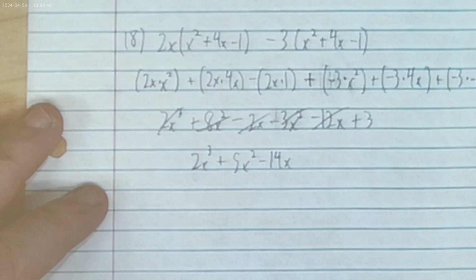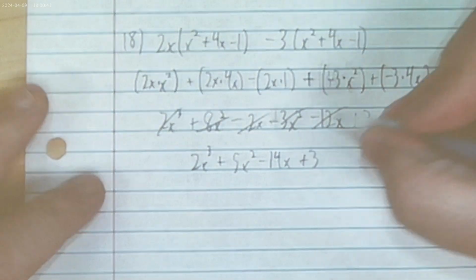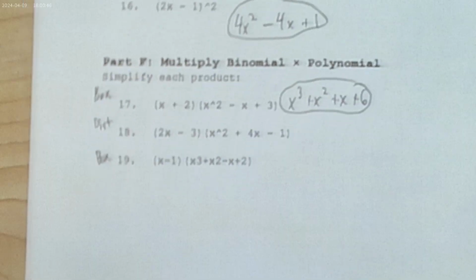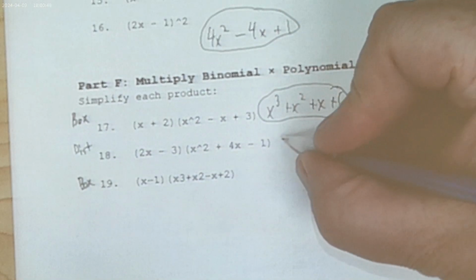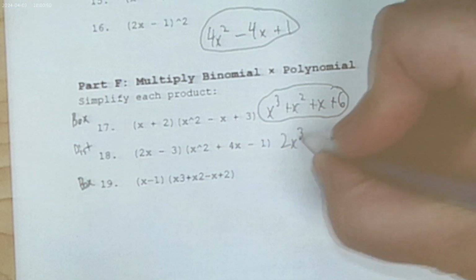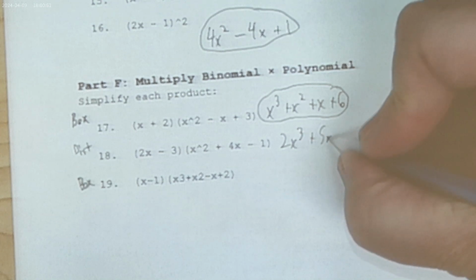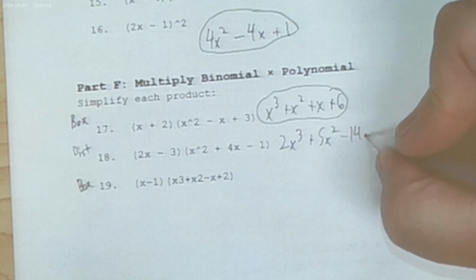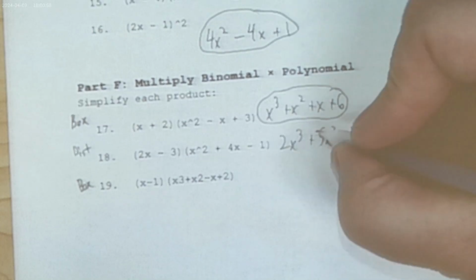And then 3 is on its own, so that's plus 3. All right, so the final answer for this one is 2x to the third plus 5x squared minus 14x plus 3.